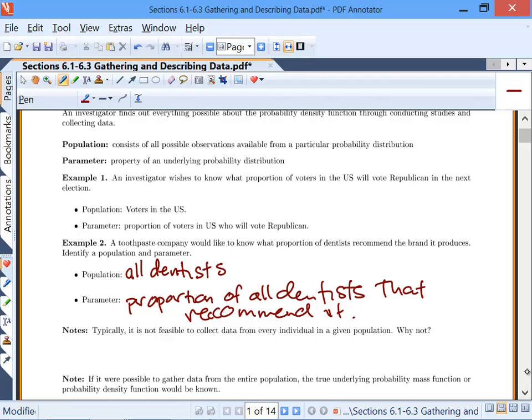Now, in practice, it's usually not feasible to collect data from every individual in a given population. Why not? What would stop me from collecting the data on every individual? There are too many of them. It would cost too much. The availability of subjects.